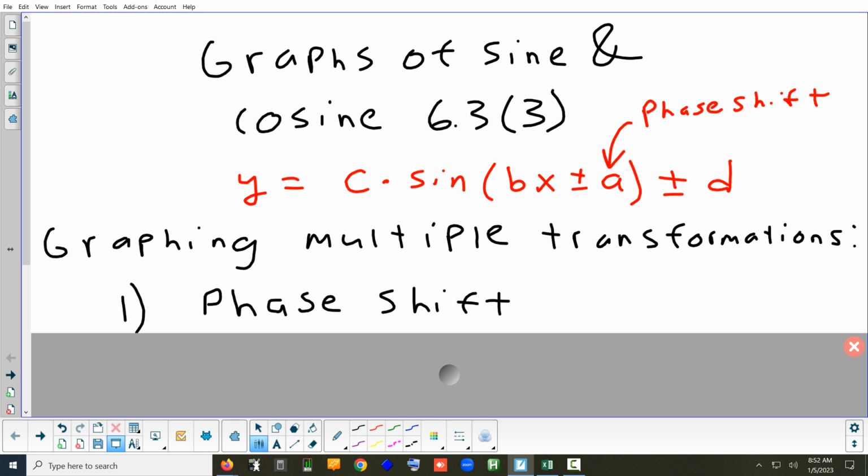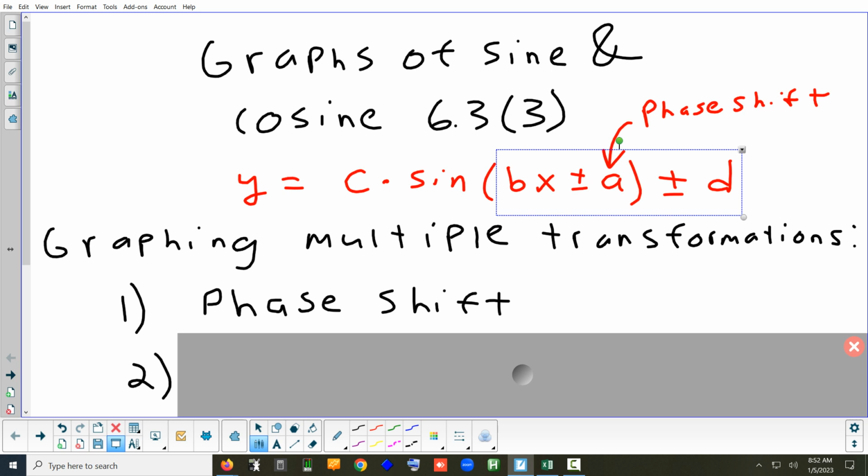So what I'm about to put here, this list, is the exact same thing as what I wrote in red. It's just listed as numbers, and then up here, it's just listed as an equation. All right. How about B? B is the second thing we would do. And does anybody remember what multiplying by a number next to the x does?